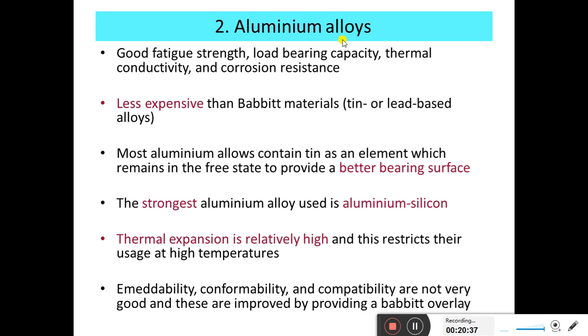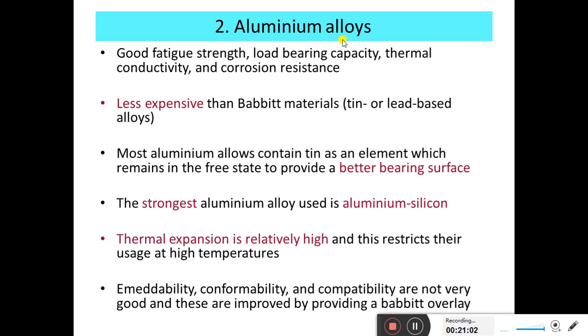But actually what we want, the thermal expansion should be less or more? Should be less, correct? The thermal expansion should be less, but here it is a drawback. That's why it restricts its application in high temperatures. If it is exposed to high temperature, obviously the thermal expansion will increase.